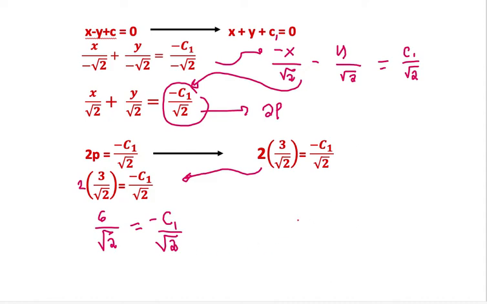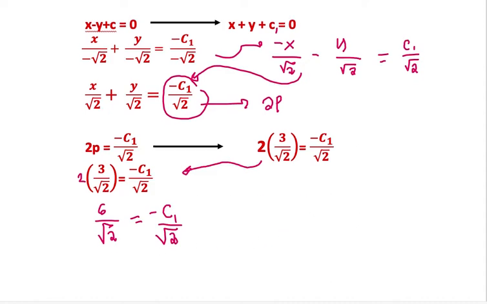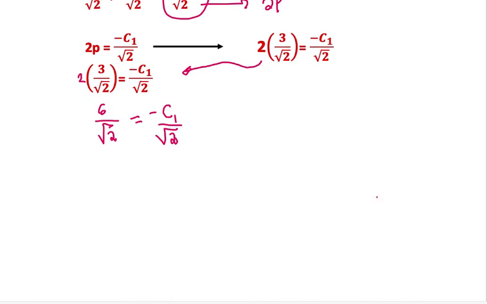Okay, so we need to isolate c sub 1 here in order to complete our equation. So I am going to cross multiply square root of 2 here. So 6 over square root of 2 times square root of 2 equals negative c sub 1.